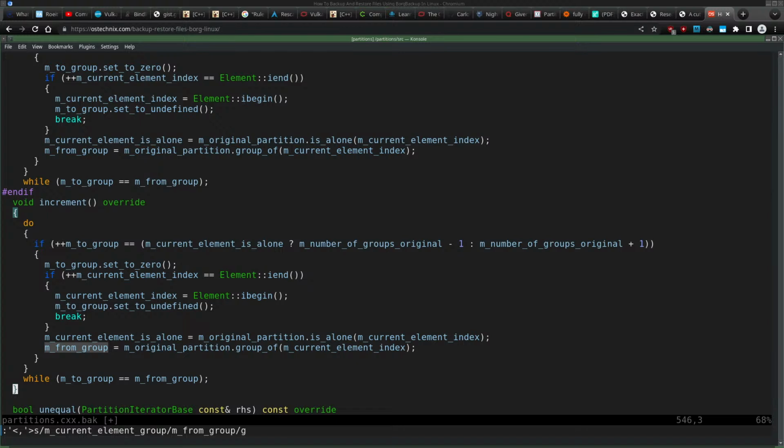Well, one of the big differences, well, the problem rather is, I think, at least the starting value. I'm so not understanding this ++ here.